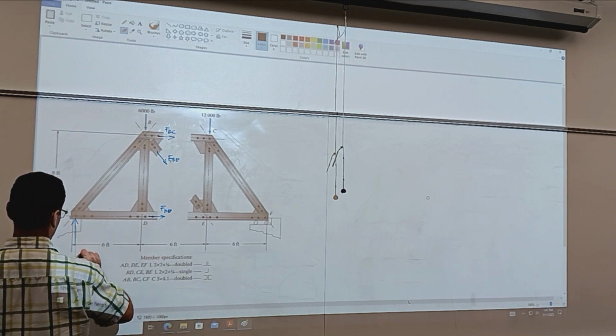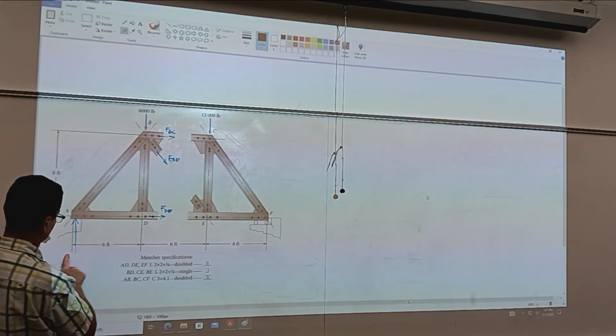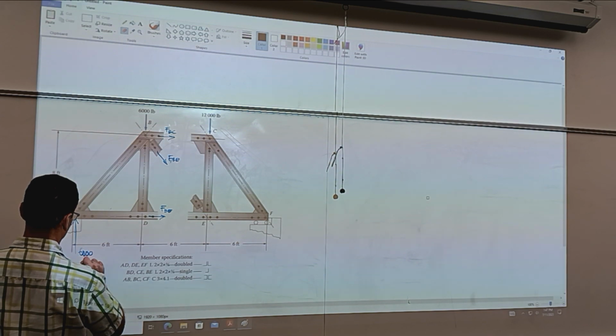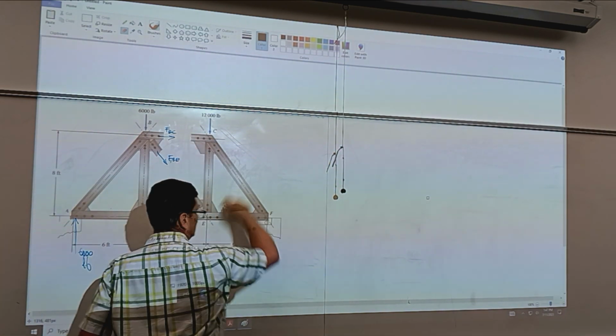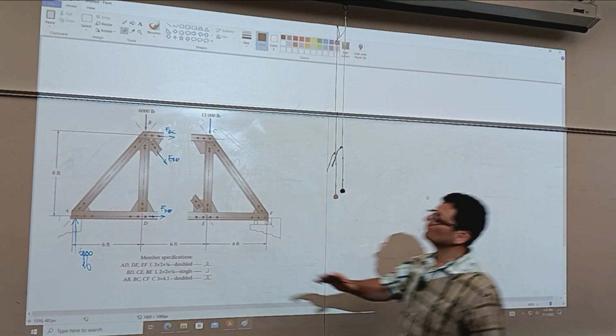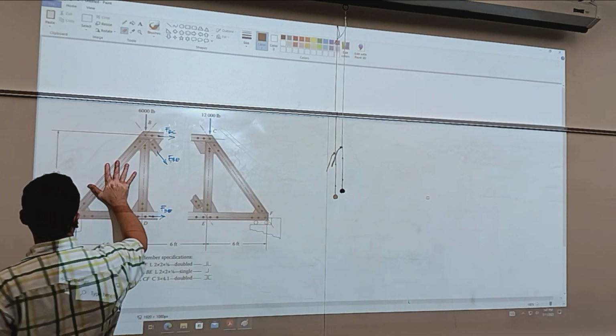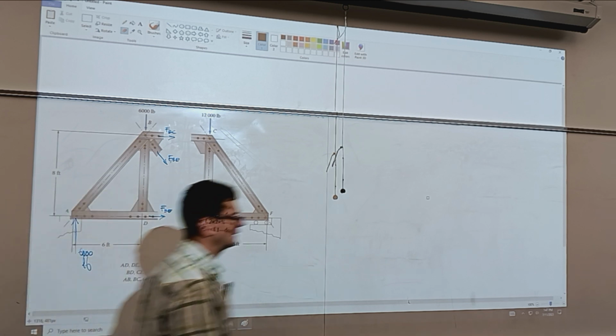This was 6,000. I think it was 6,000 pounds. Again, I can even erase this. I can totally delete the right-hand side. So we can state all three equilibrium equations for the left-hand side of the frame.